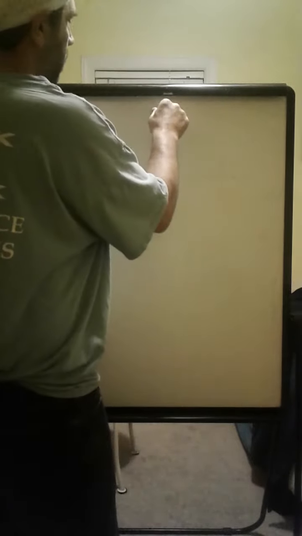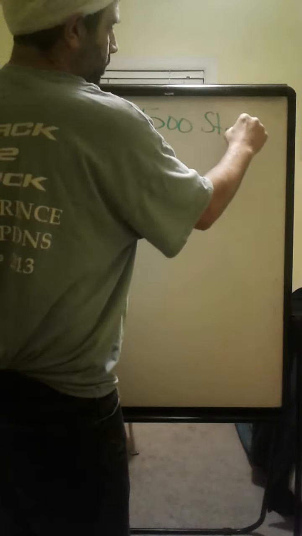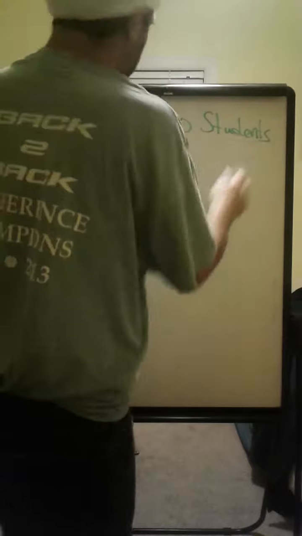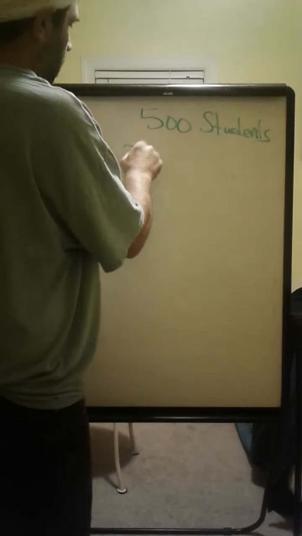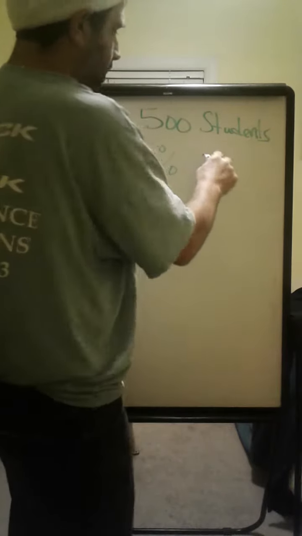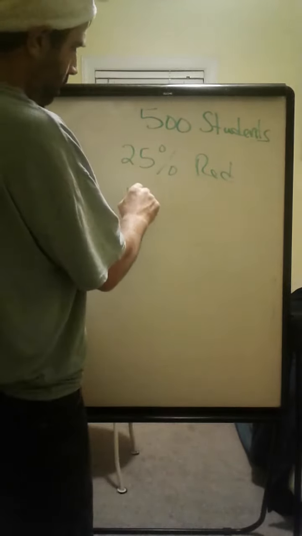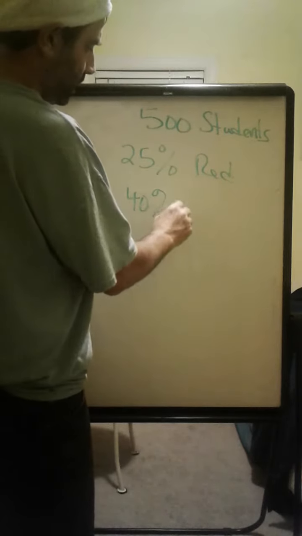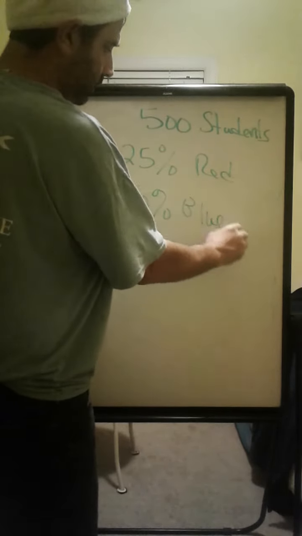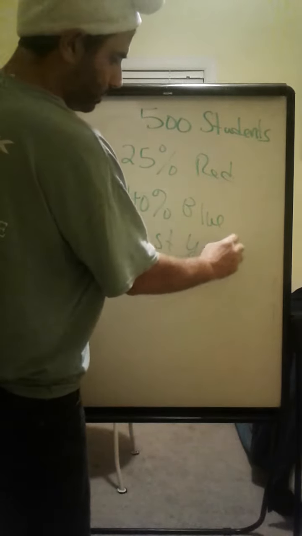Let's say there are 500 students. Okay? And let's say 25%, I don't know, like red. Let's say 40% like blue. And let's say the rest like yellow.